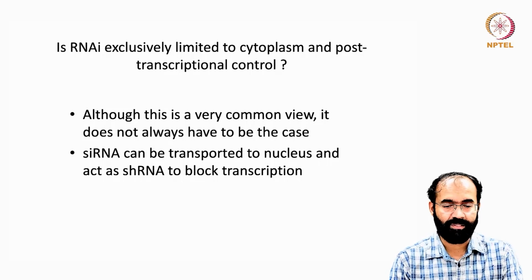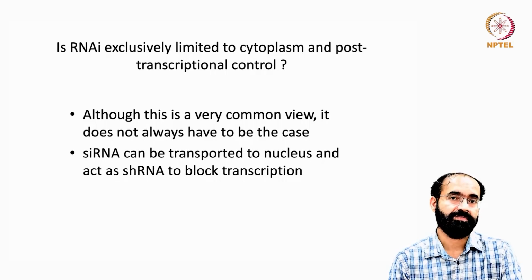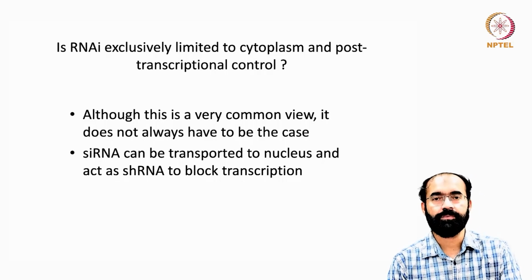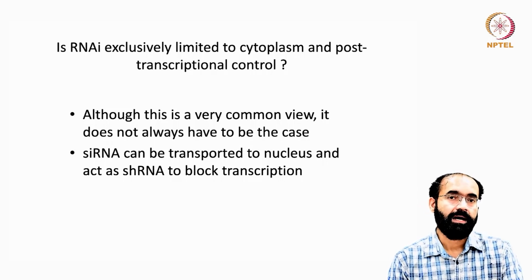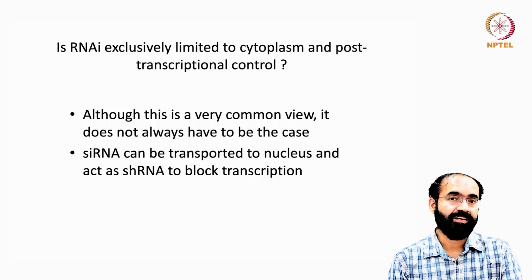Let us see some examples. siRNA can be transported to the nucleus and act like shRNA to block the transcription itself, meaning transcriptional gene silencing. Many cases have been reported where the shRNA can prevent transcription in the nucleus itself.